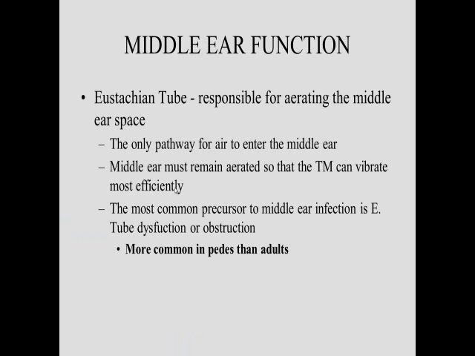Well, we mentioned last time also the Eustachian tube, which is responsible for aerating the middle ear space. That is to say, keeping the middle ear space air pressure as close as possible to the air pressure in the atmosphere. And you'll recall that I mentioned last time that the Eustachian tube really does provide the only pathway for air to enter that middle ear.